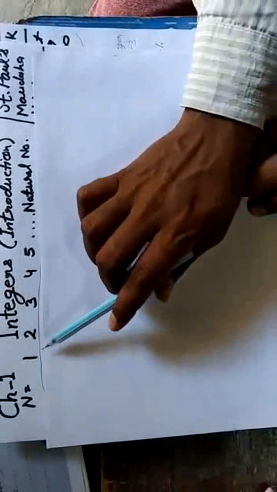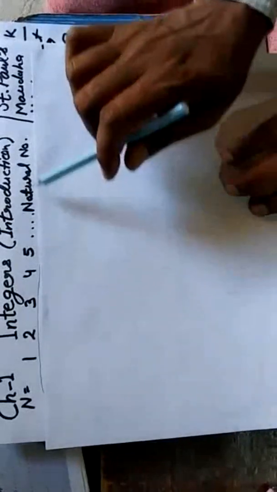So now you observe here natural numbers 1, 2, 3, 4, 5 and so on. These are called natural numbers or counting numbers. You already know about them from earlier classes.